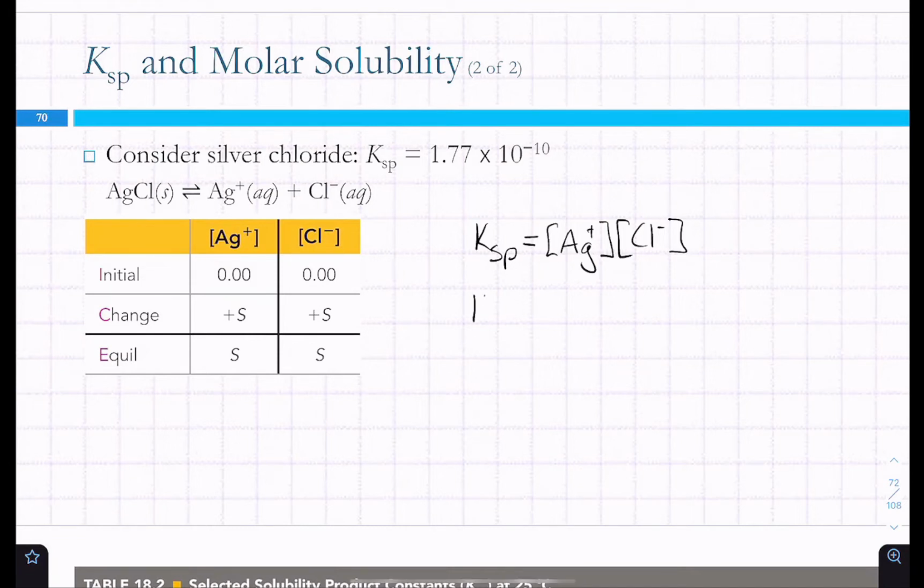So this only works because the solid's not part of the equation. So our KSP here is going to be 1.77 times 10 to the negative 10 equals S times S, or S squared.